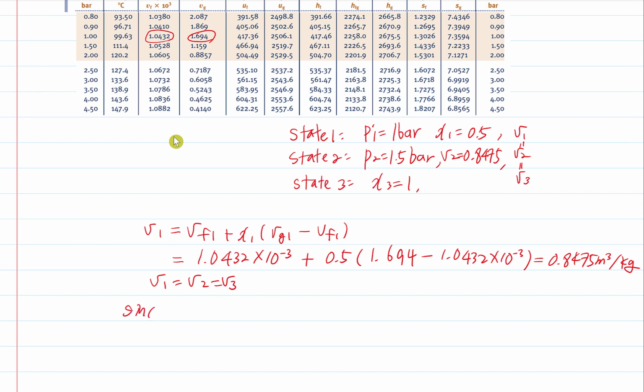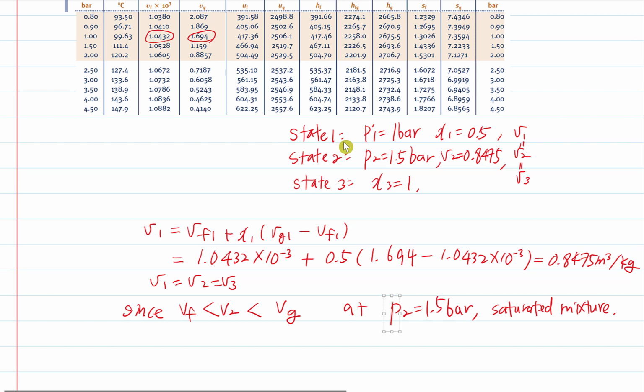Since V2 is greater than Vf and smaller than Vg at 1.5 bar, we know that it's a saturated mixture.